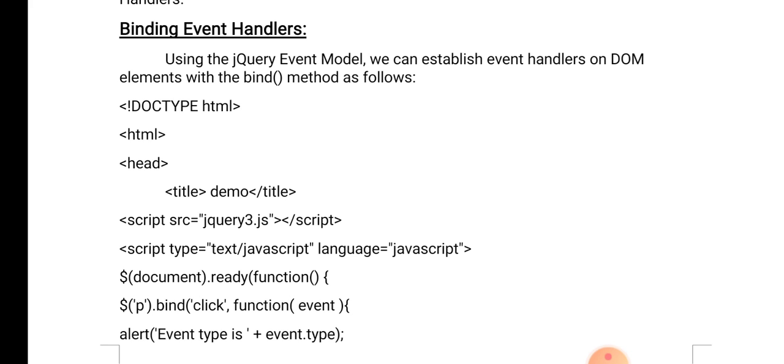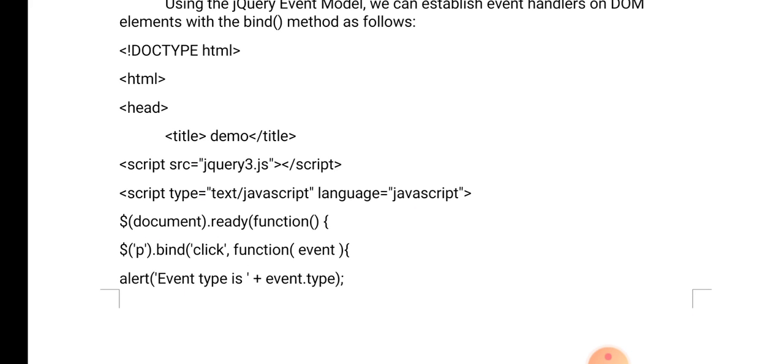Here you can see an HTML document is written. Within the head tag, we link the jQuery file so that jQuery code can take effect. Using the script tag, we link the jQuery file, and then within the script tag, we write jQuery code.